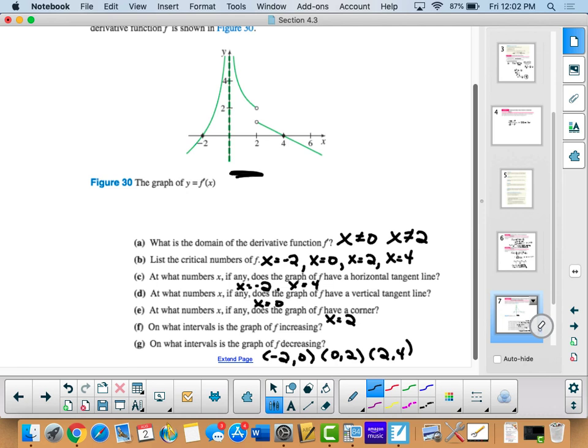Oops, that was supposed to be for increasing. And finally, for decreasing, we're looking for where the derivative is negative. That happens from -infinity to -2 and 4 to infinity.